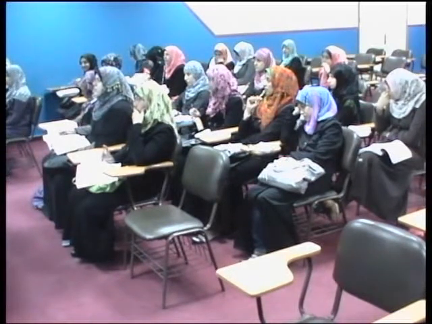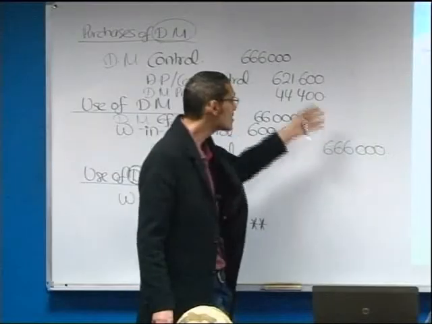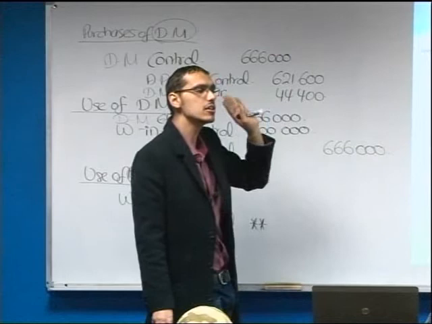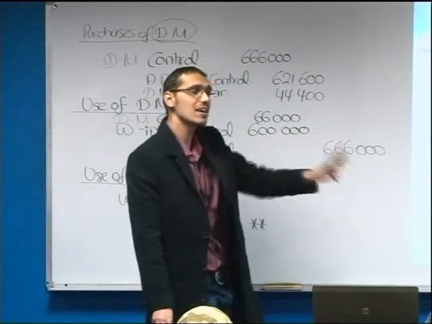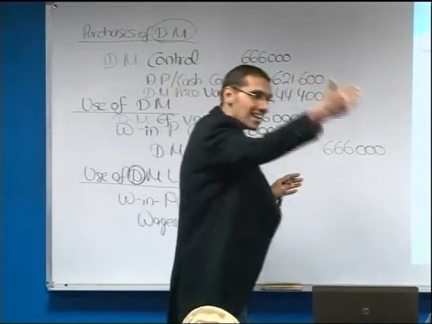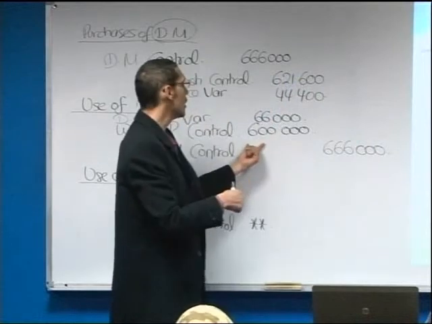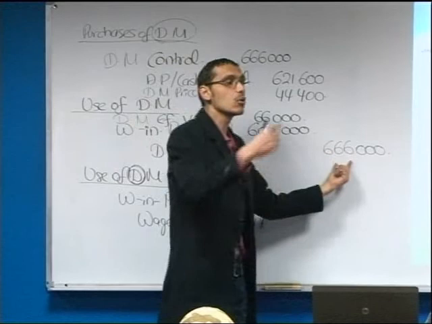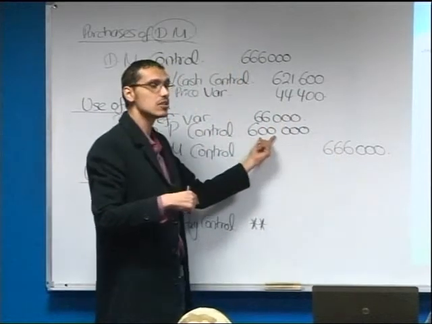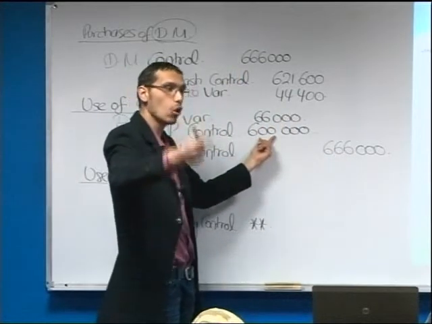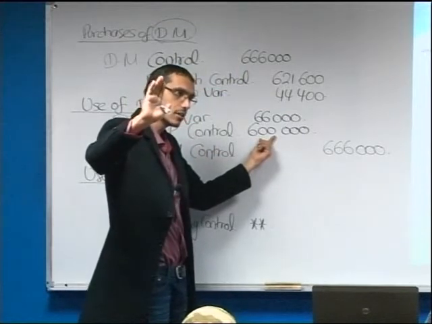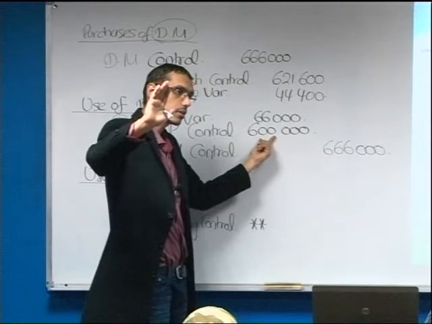You are correct, but according to our example, this is exactly what happened. We used all of our direct materials in the manufacturing process. We do not have any ending. If we had any ending, I would not debit the amount of $666,000, and I would not recognize the $600,000 because we did not use the whole amount of direct materials.